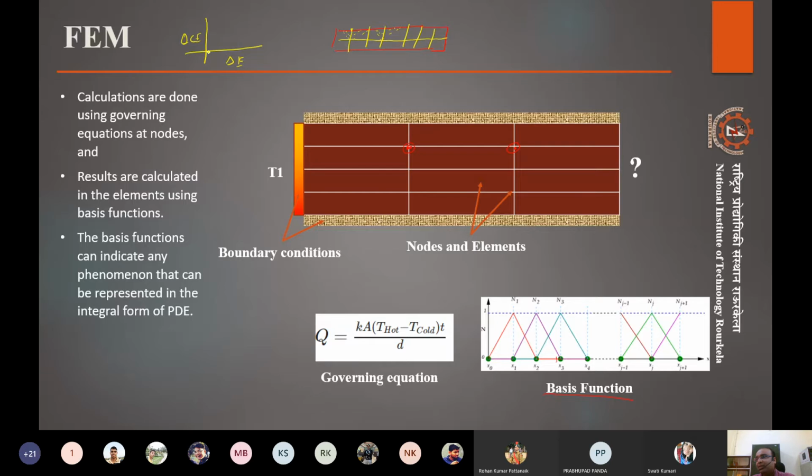If an increase in elements changes the answer, then at whatever point the change becomes negligible, that will be the optimum number of elements required for any type of calculation. In that sense, we can do this exercise for most of our examples and calculations.